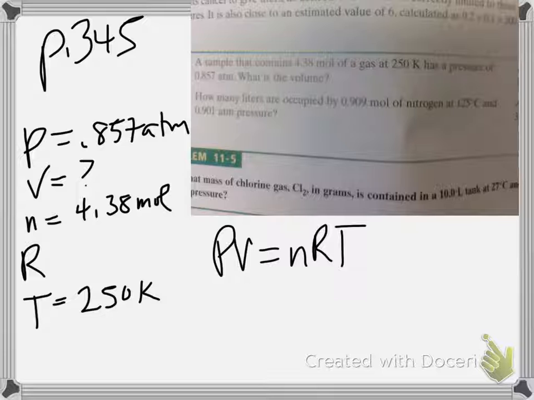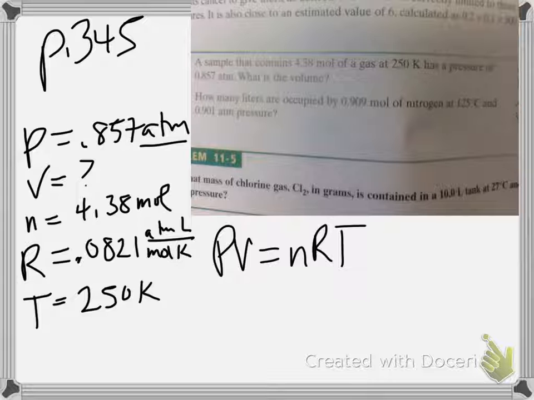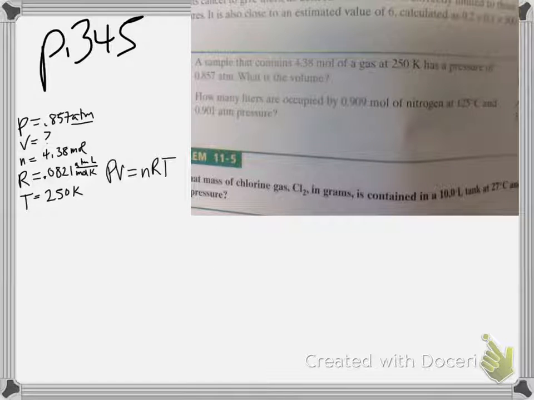You can't do these in Celsius. You'll get the wrong answer. And since we're working in atmospheres, our gas constant is 0.0821 atm-liters over mole-kelvins. We are solving for volume. Pretty easy. So volume equals nRT over P.